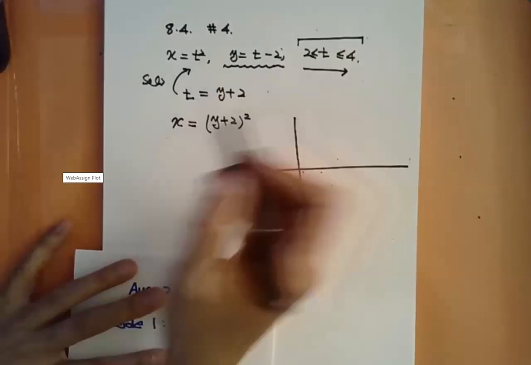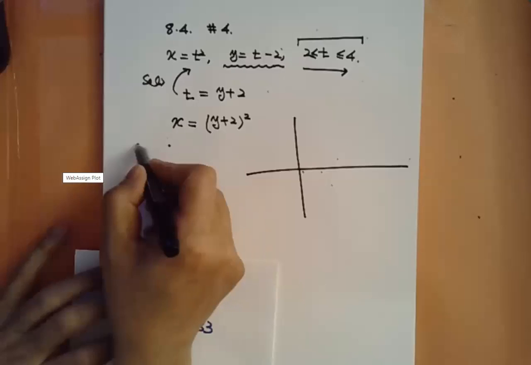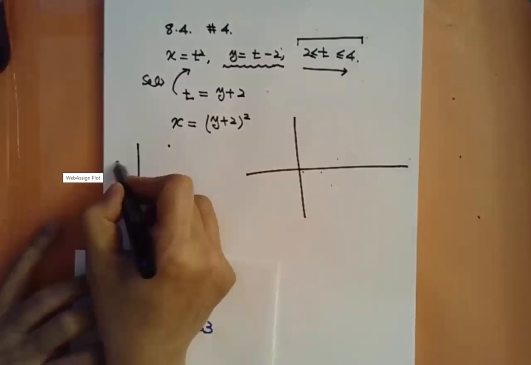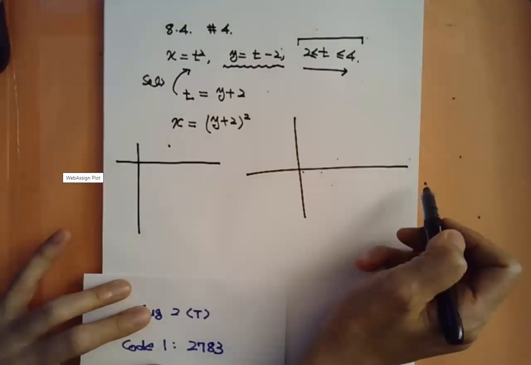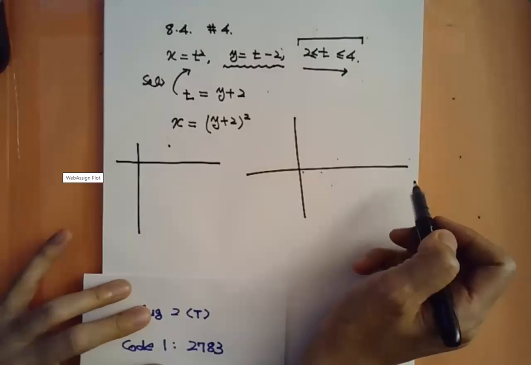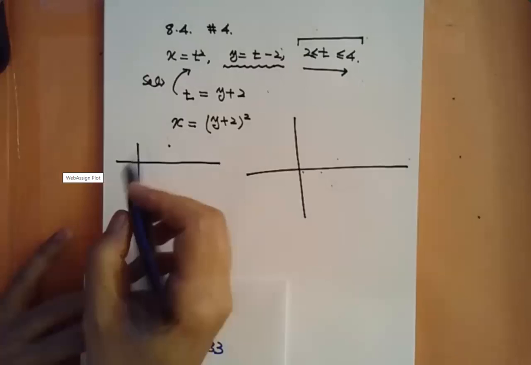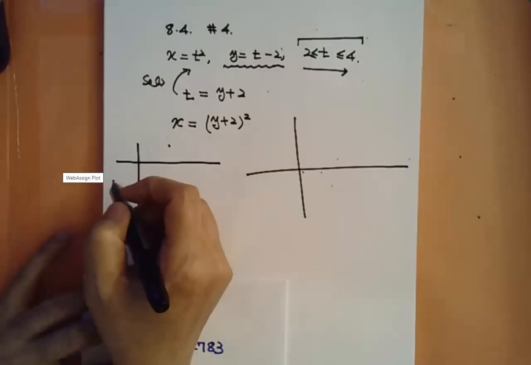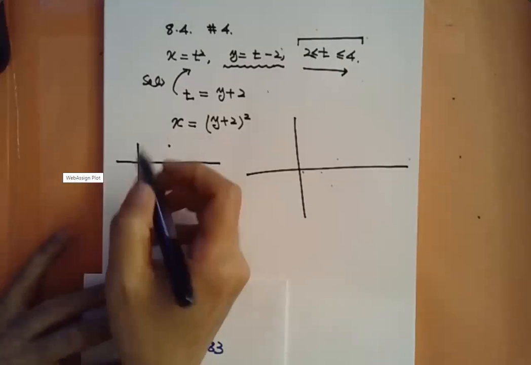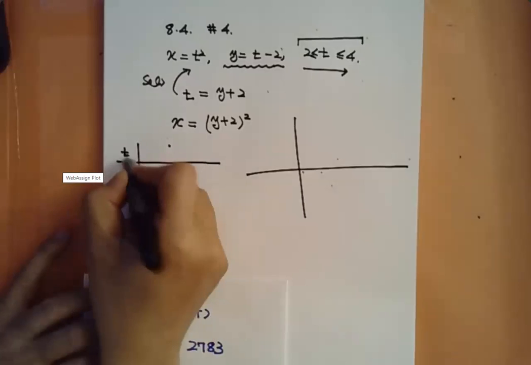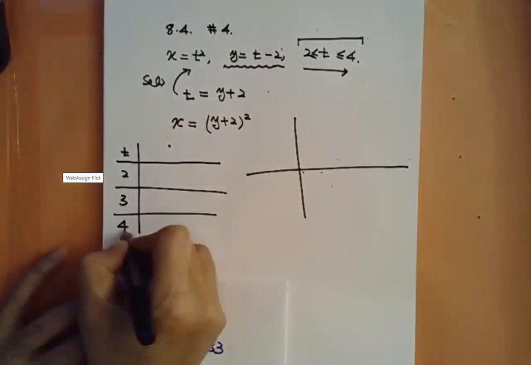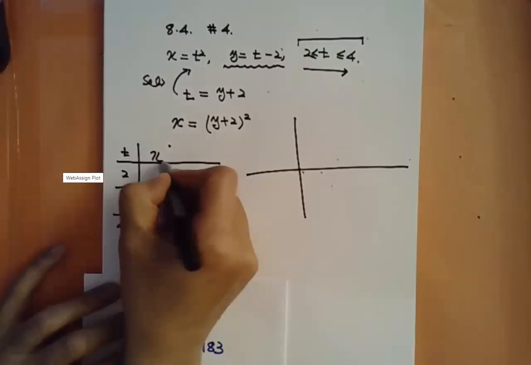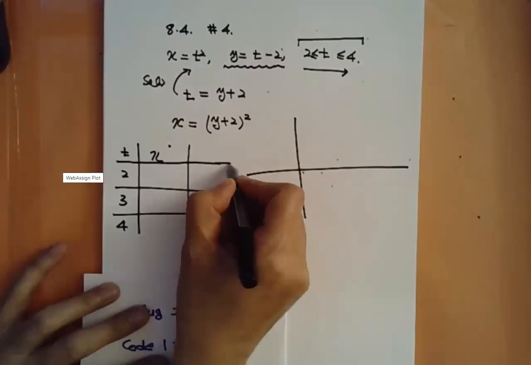And so that'll be the parabola, which we know, it'll be something like this. So let's evaluate the t values 2, 3, 4. We calculate the x value and y value.